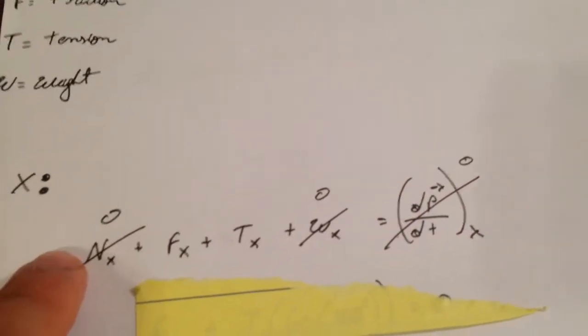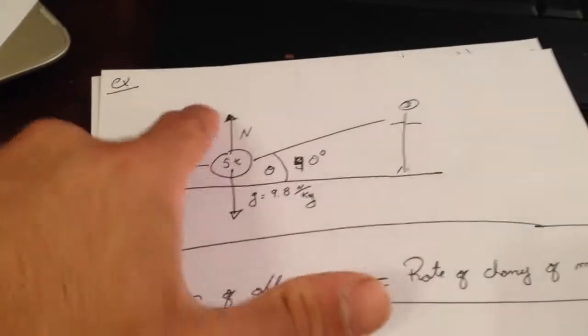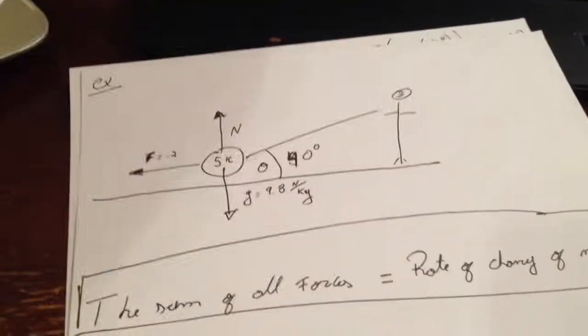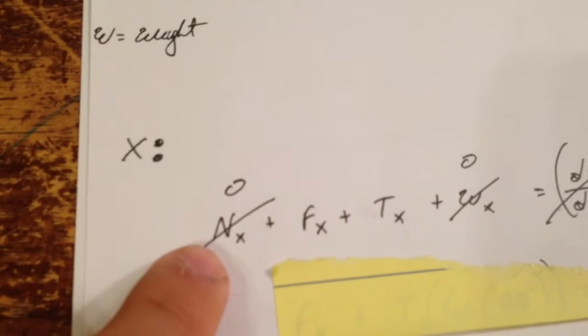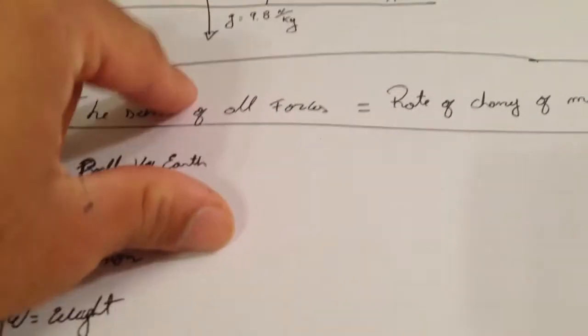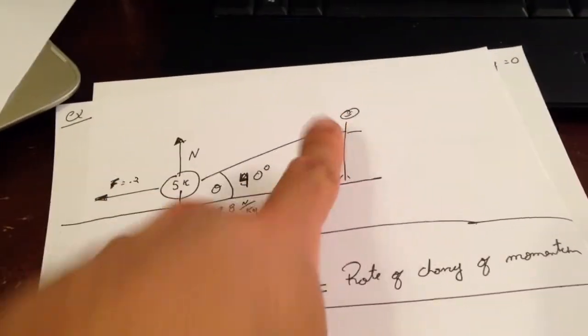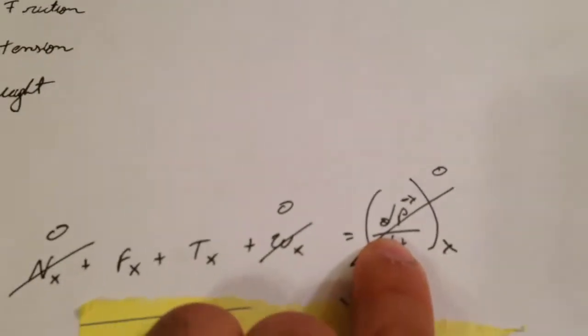And because N, the ball versus earth, is pulling up, for the x coordinates that will be 0. The weight is pulling down, so the weight will be 0. And I know that Mike is pulling this straight forward at a constant speed, so the rate of change of momentum will be 0.